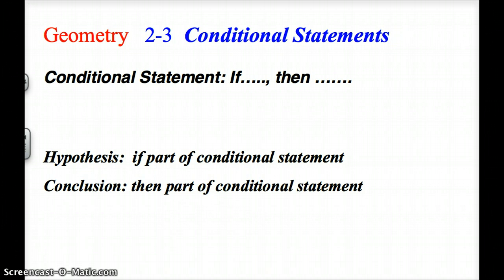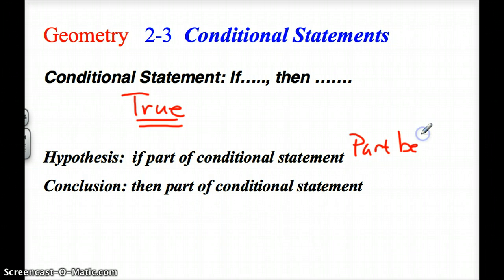Conditional statements are statements that we write in if-then form, and those conditional statements will be true statements. If this happens, then this will happen. The if part of that conditional statement is called the hypothesis, and it's the part behind the if.